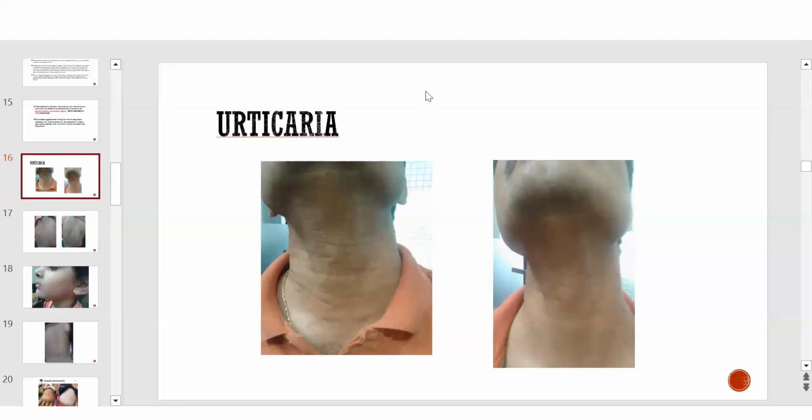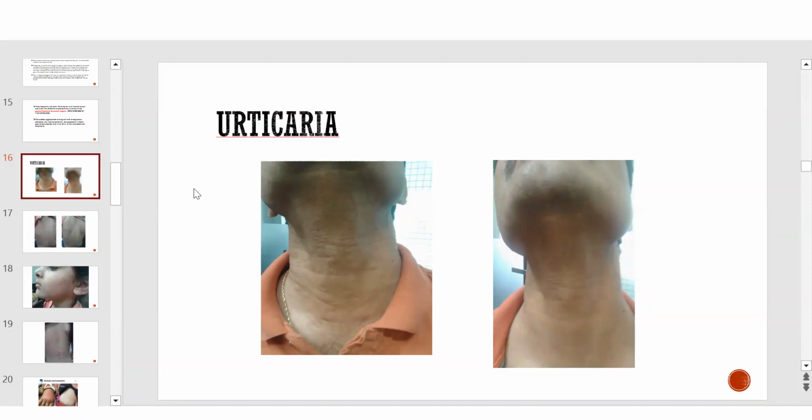Can you see this, guys? In my initial practice, I used to take before and after photos of urticaria. But when I realized that the patient comes and after 1 hour the eruptions go away, there is no meaning to show before after photos of urticaria.